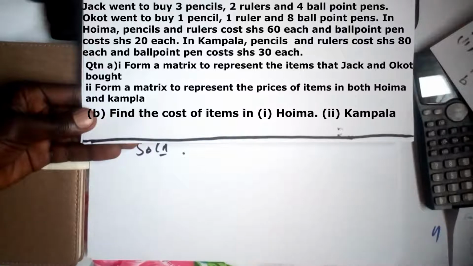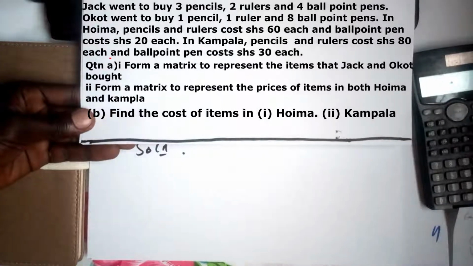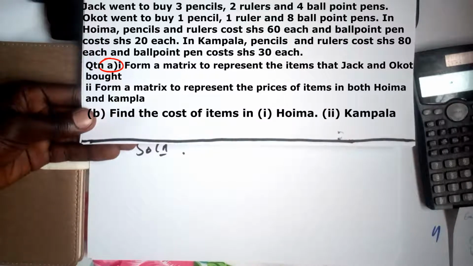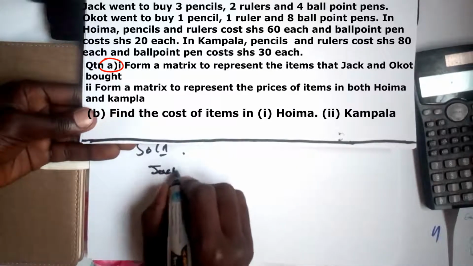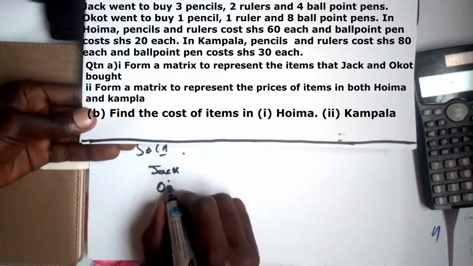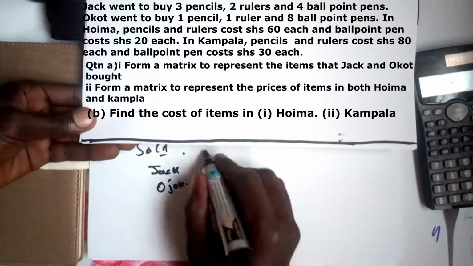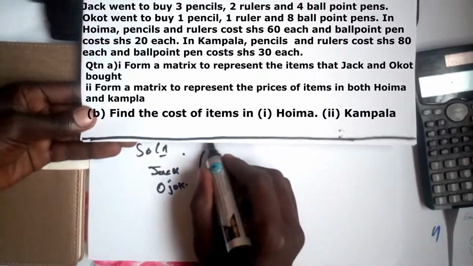If we analyze that question, part A is telling us to write the matrices for the items that Jack and Ojok went to buy. So if I have Jack here and Ojok here, these two people went to buy pencils.